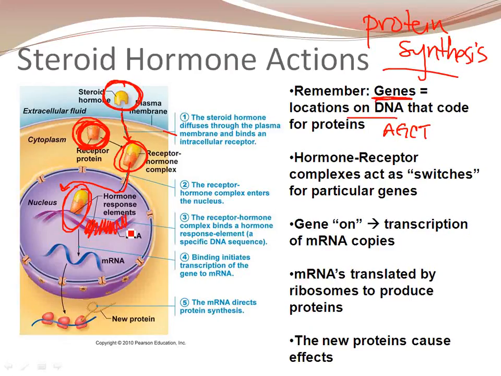And all genes really are blueprints or codes, instructions that tell the cell how to make particular proteins. What these hormone receptor complexes do is they switch on particular genes.